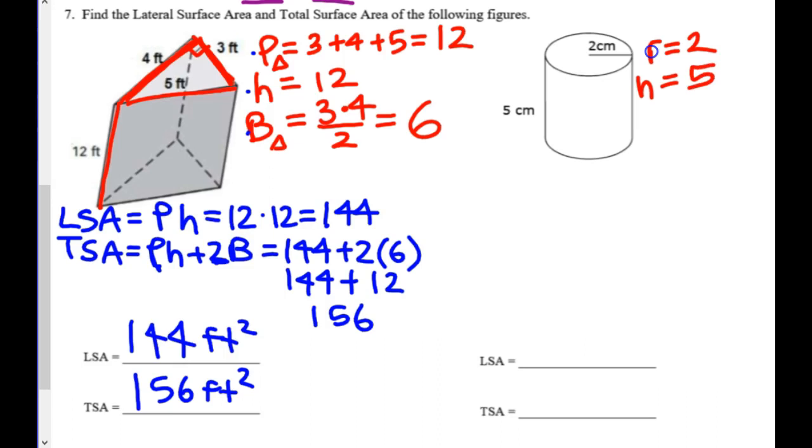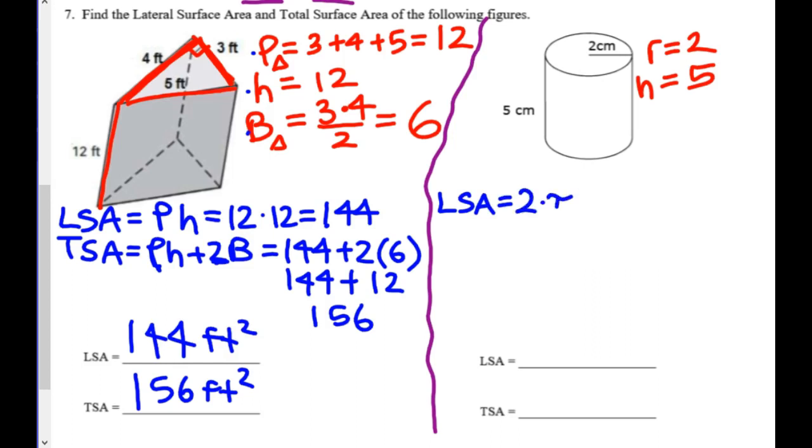So, let's do this, okay? Lateral surface area is 2 pi RH. 2 times pi times R, which is 2, times H, which is 5. Okay? So in my calculator, all I gotta do is type it. 2 times pi times 2 times 5.